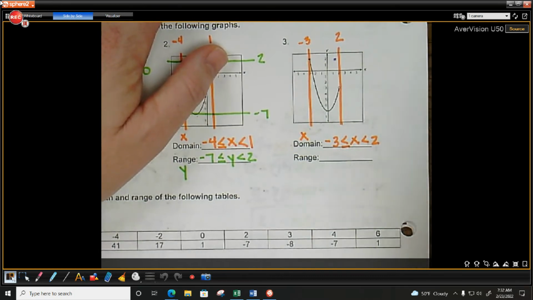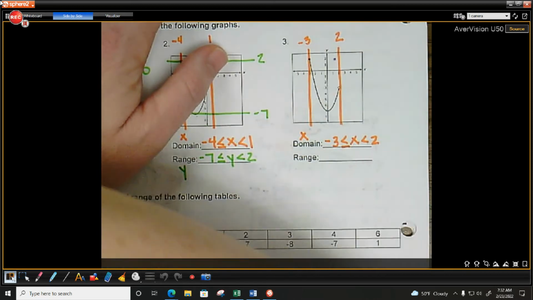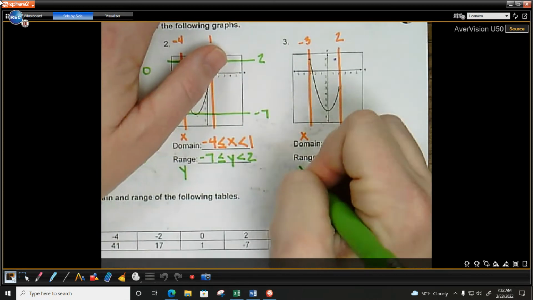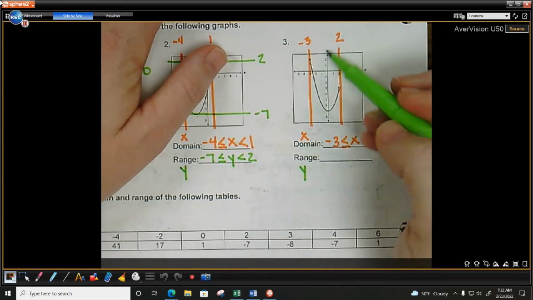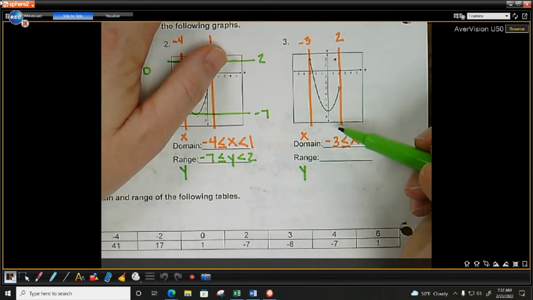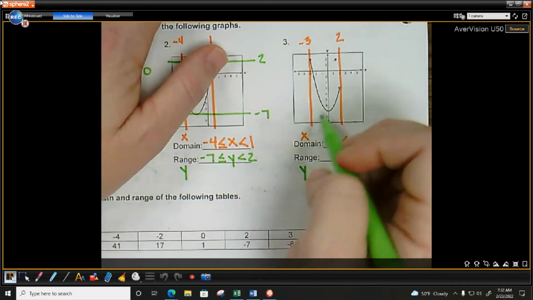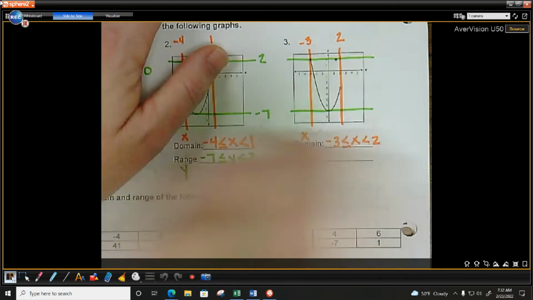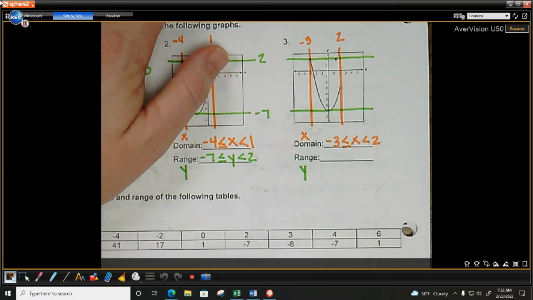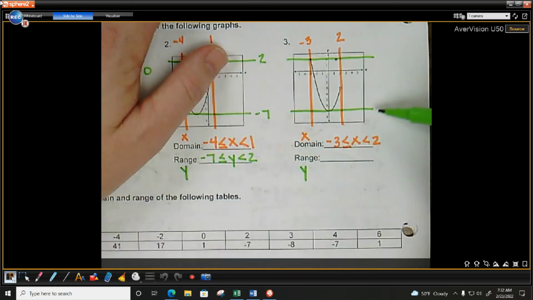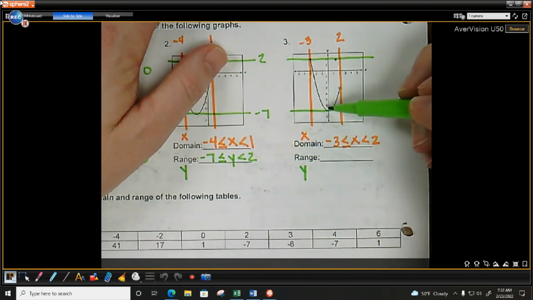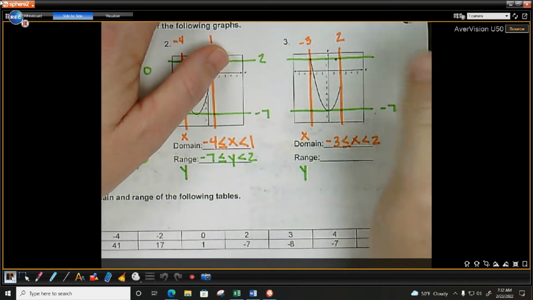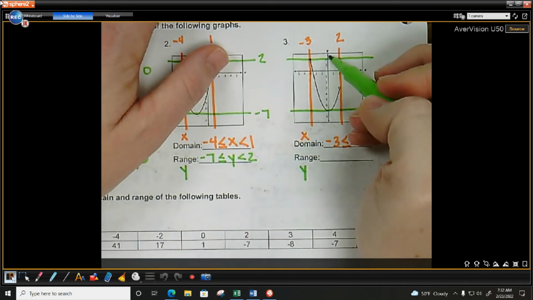Good? Okay, range is y. Y is your up and down, so I need a line at the bottom and a line at the top. So where's the bottom line hitting the y-axis? -7. Where's the top line hitting the y-axis? 2.